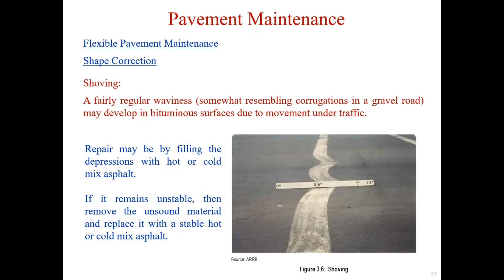If the bituminous material has been compacted by traffic to a stable condition, it may be practicable to fill the depressions with hot or cold mix asphalt. If it remains unstable, it will be necessary to remove the unsound materials and replace them with stable hot or cold mix asphalt.